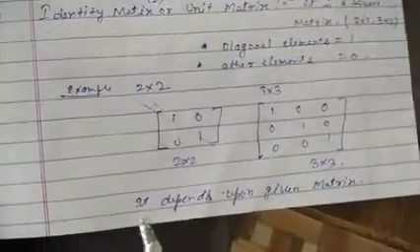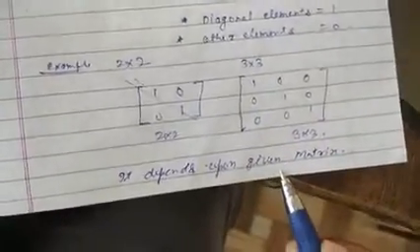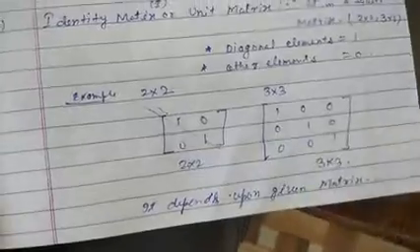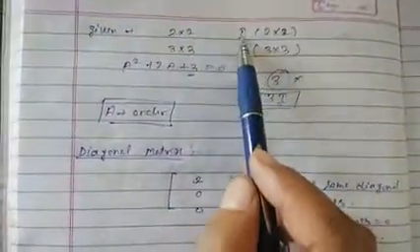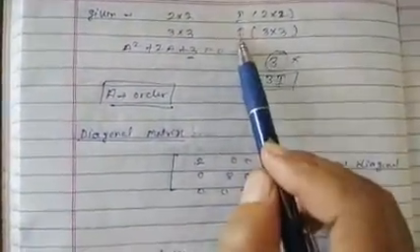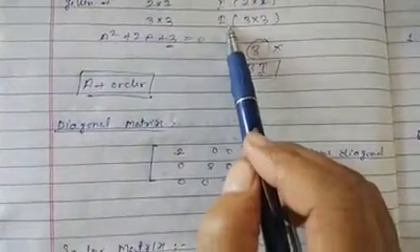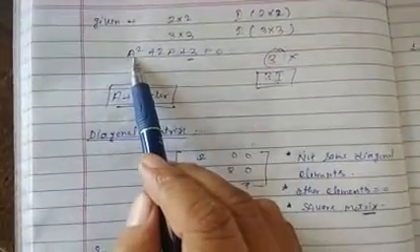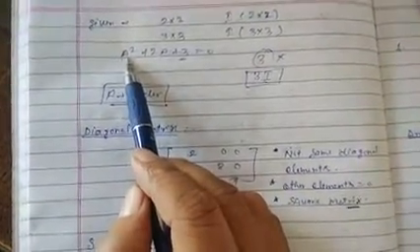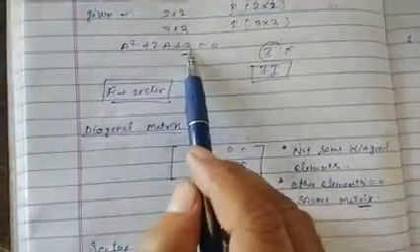So it depends upon the given matrix. See, if the given condition is 2 by 2, then the identity is 2 by 2, and if 3 by 3, the identity is 3 by 3. In some cases we have to find the value of the matrix A square plus 2A plus 3.